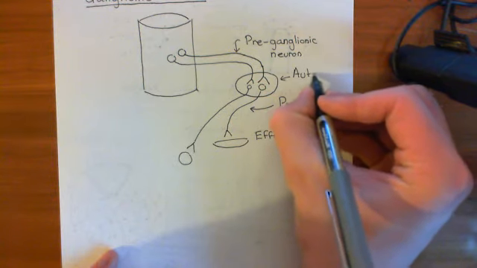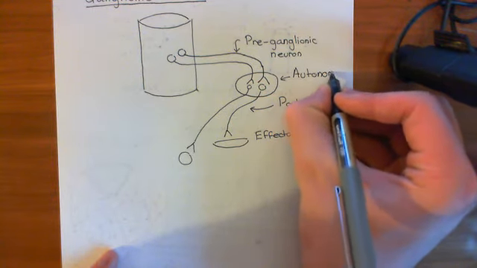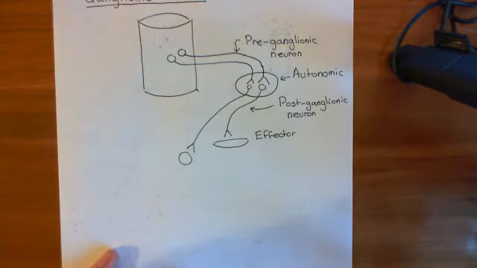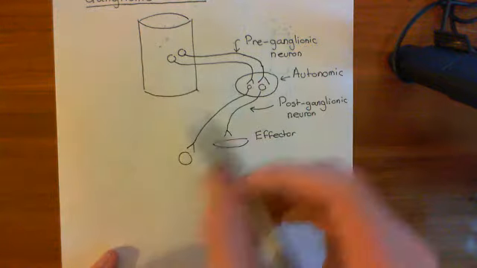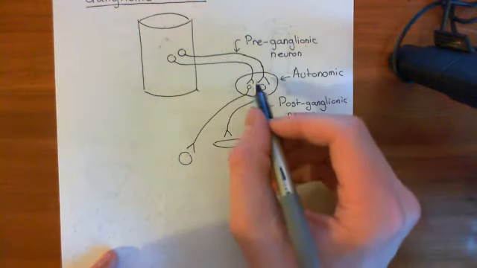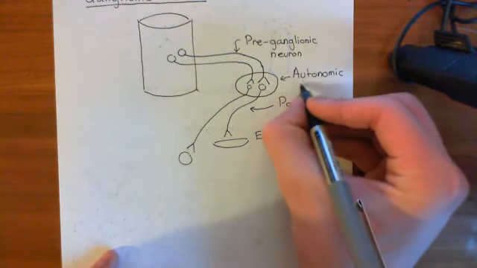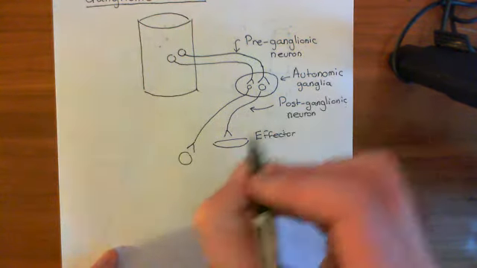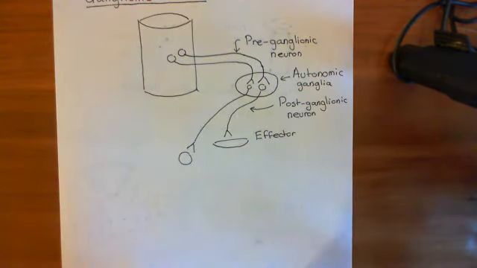So you have sympathetic and parasympathetic ganglia, where sympathetic pre-ganglionic neurons synapse onto their post-ganglionic neurons, and where parasympathetic pre-ganglionic neurons synapse onto their post-ganglionic neurons. These autonomic ganglia only contain either sympathetic neurons or parasympathetic neurons. They don't contain both.